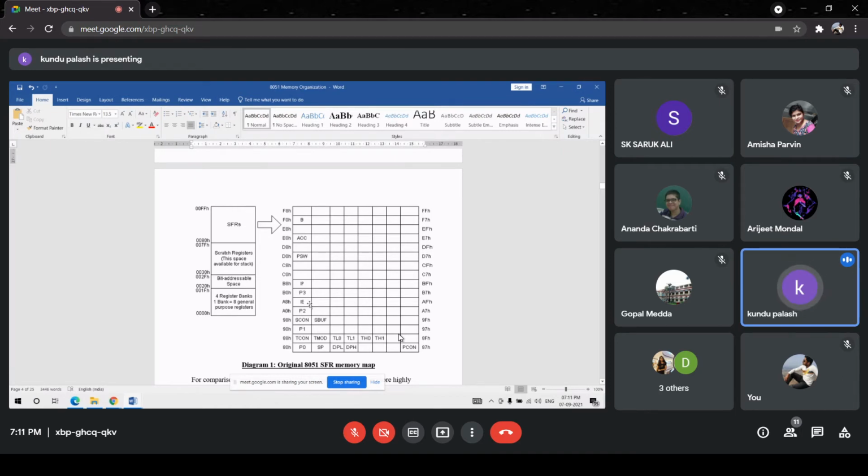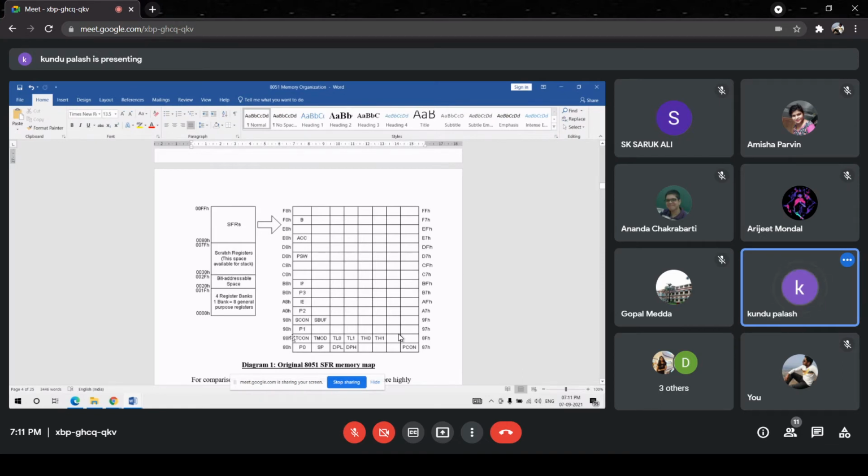The interrupt enable register is another register associated with the peripheral interrupt controller. P2 is the second port. The 8051 has 4 ports: P0, P1, P2, and P3, whose absolute addresses are B0, 90, 80, and so on.